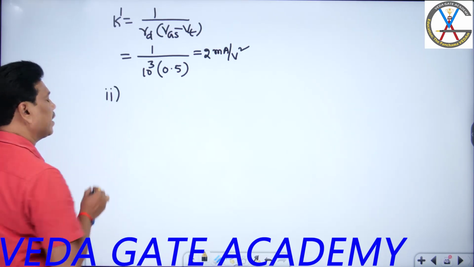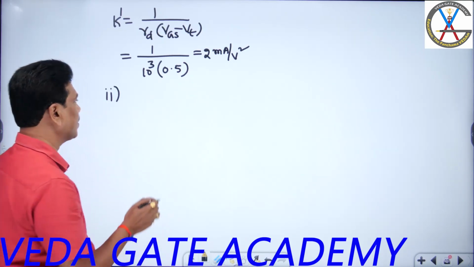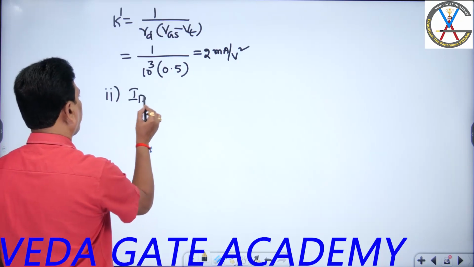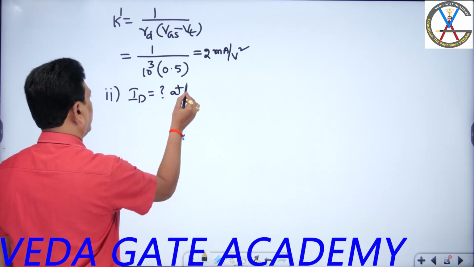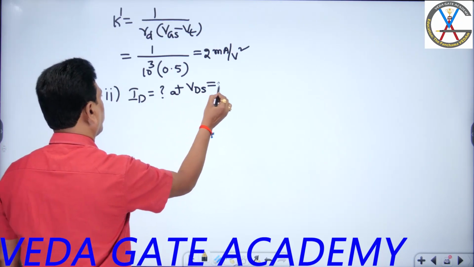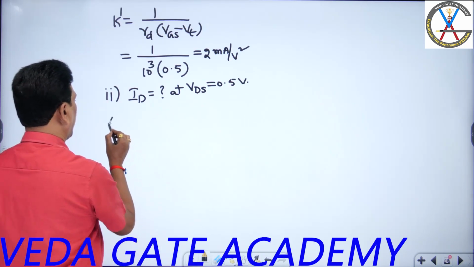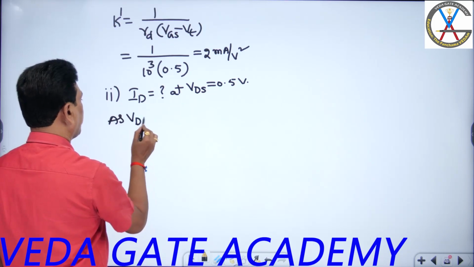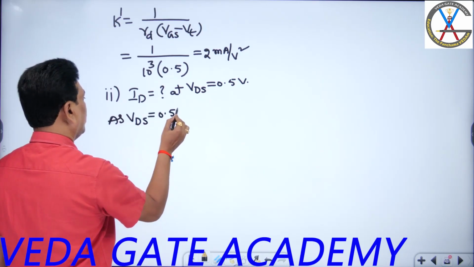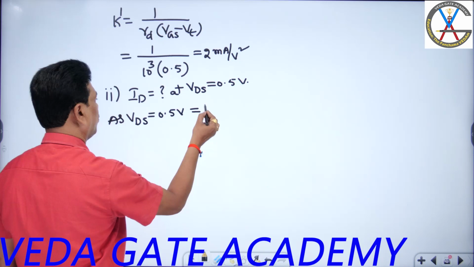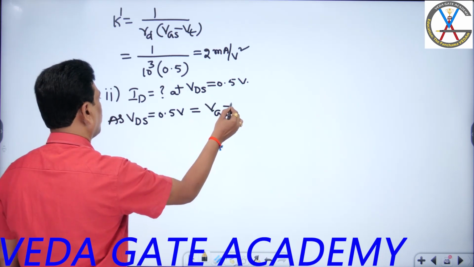Next step, I come back. What are you asking, sir? ID is asked at VDS equal to 0.5 volt. So VDS equal to 0.5 volt, which is equal to VGS minus VT.